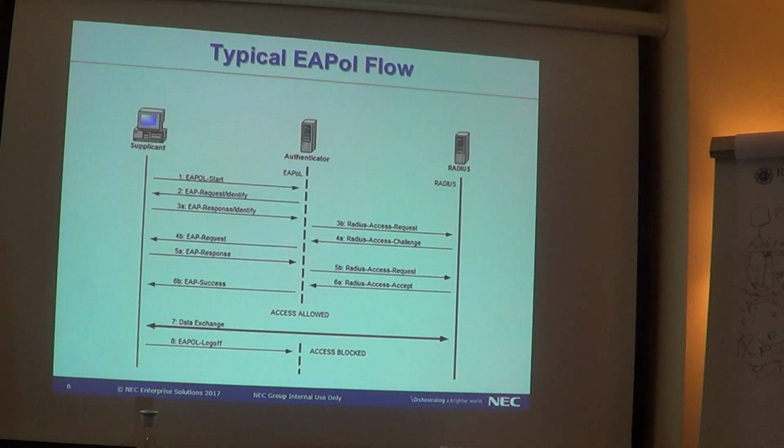This is how the RADIUS server and authenticator really work. From the supplicant, which is the phone, and the authenticator, which is the switch, a message of authentication started, and the request for identification comes. Once the request for identification comes, they send the request to the RADIUS server, and the RADIUS server replies allowed or not allowed.